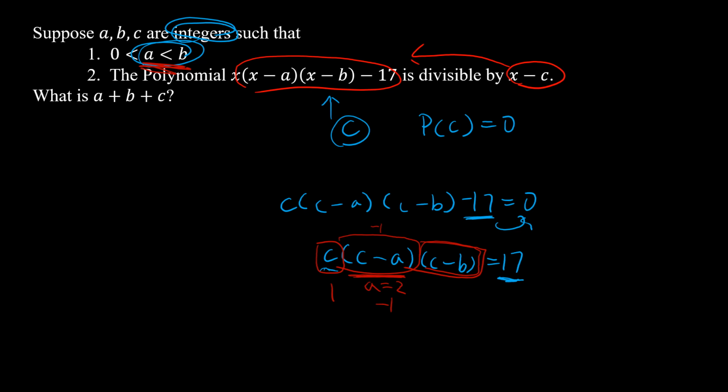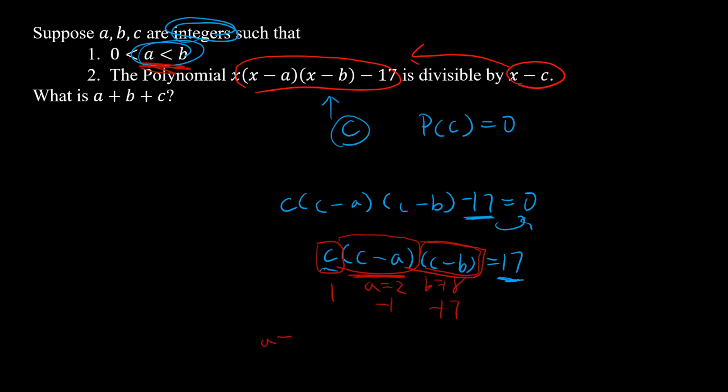So this c minus a has to be negative 1. So therefore we know this one had to be negative 17, so that the whole thing is 17, right? So when c minus b is negative 17, while c is 1, b has to be 18, to make the whole thing 17.